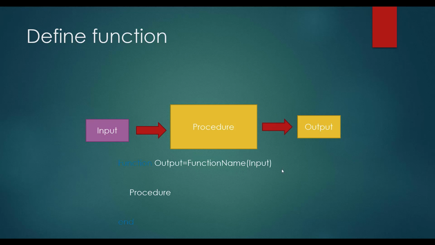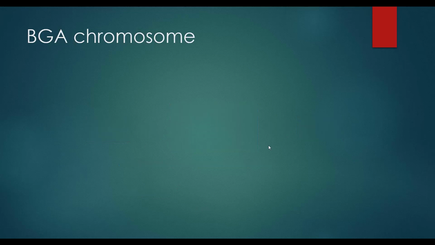For our problem, our solution representation, the chromosome, would be the input, and once we put the input in a function we have an output, and this output would be the fitness function of our problem. We have some procedure here, and this procedure is just related to our function, which would be summation xi. We also have a solution representation here, and this is a BGA chromosome.